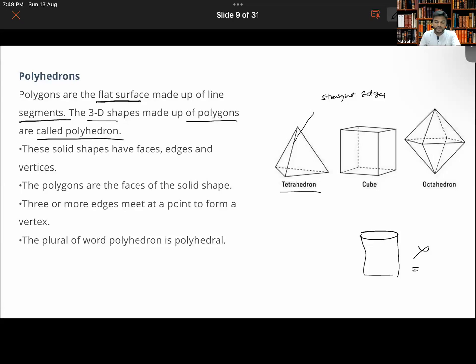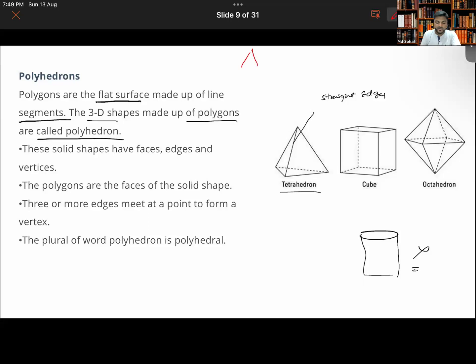Polygons, you guys must have already studied about it. Arhan, please explain what is a polygon. Basically, a 2D shape made up of three or more lines.